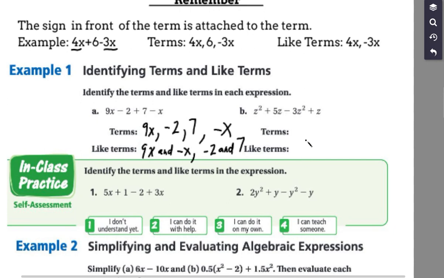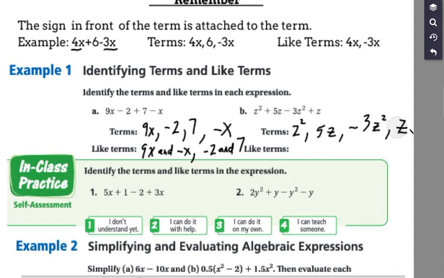So when we list out those terms, we're going to list just the z squared, the positive 5z, the negative 3z squared and the positive z, like that. Okay?